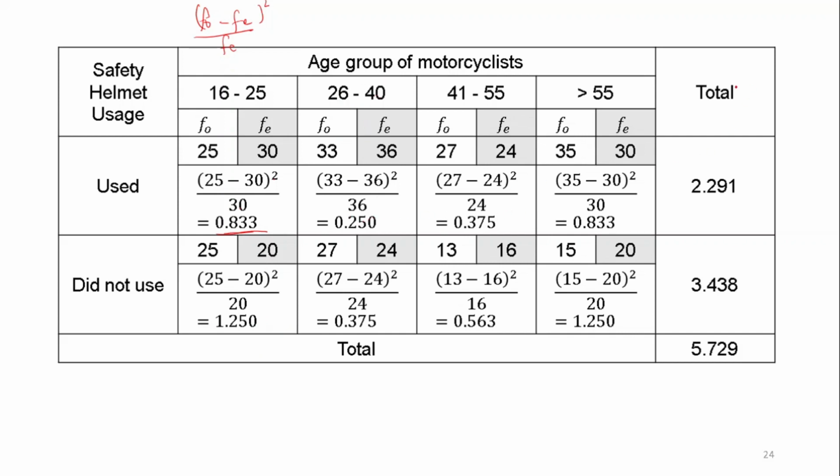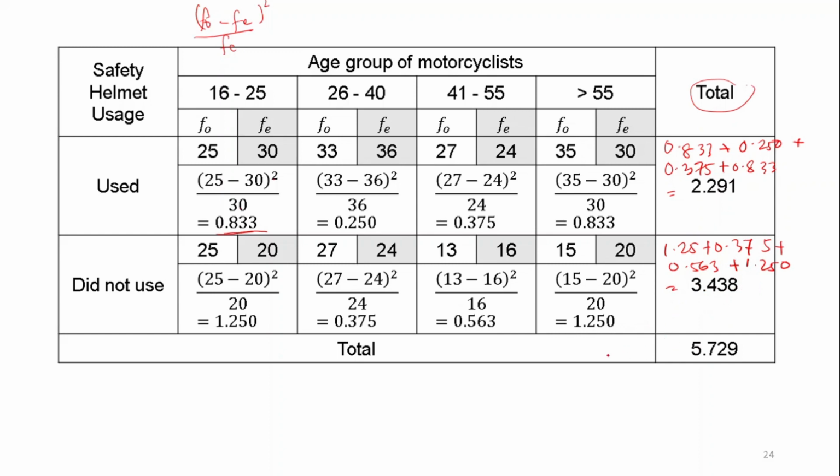After that, total everything. For the first row, you get 0.833 plus 0.250 plus 0.375 plus 0.833, so you get 2.291. For the second row, 1.25 plus 0.375 plus 0.563 plus 1.250, so you get 3.438.